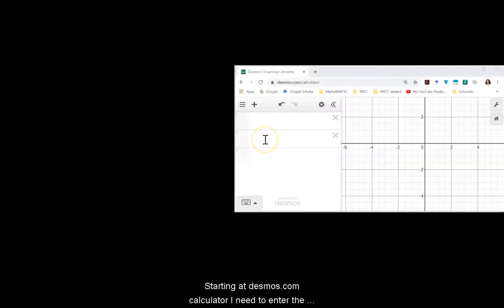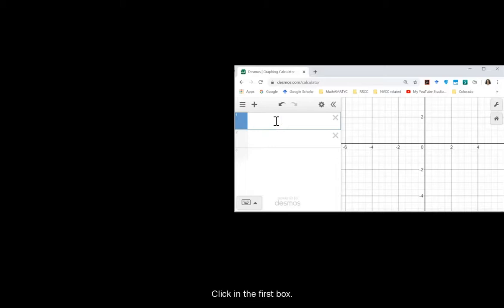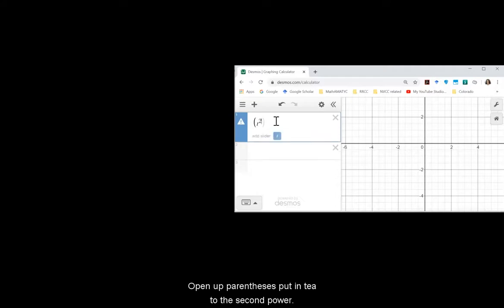Let's now look at the same exact parametric equation on Desmos. Starting at desmos.com/calculator, I need to enter the parametric equations. The parametric equations that I was given were x equal to t squared minus 4. Click in the first box, open up parentheses, put in t to the second power minus 4.